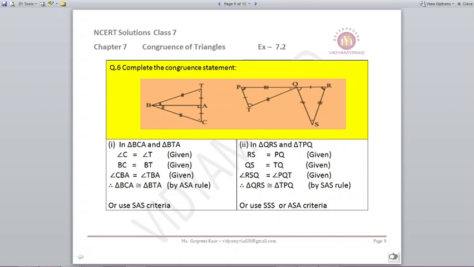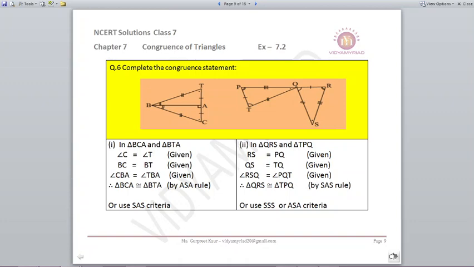Question number 6. Complete the congruent statement. Now here there are 2 figures given with so many parts marked which are equal to one another. So we can find out various ways to solve a question. Now if you look at triangle BCA and triangle BTA, your criteria can be so many.